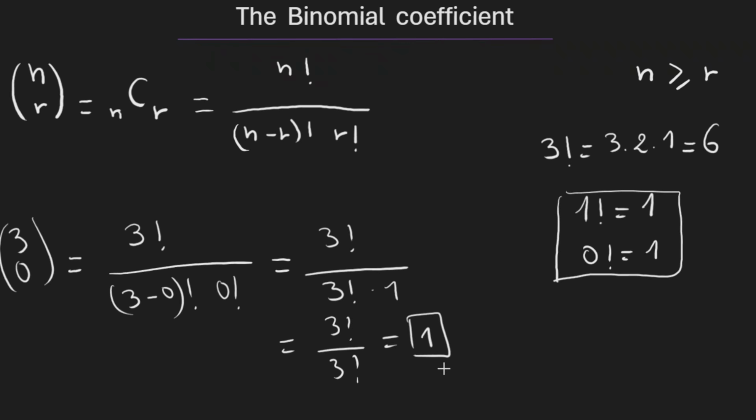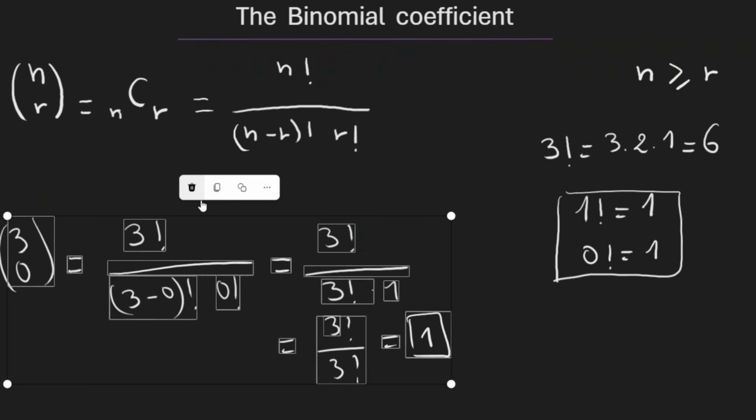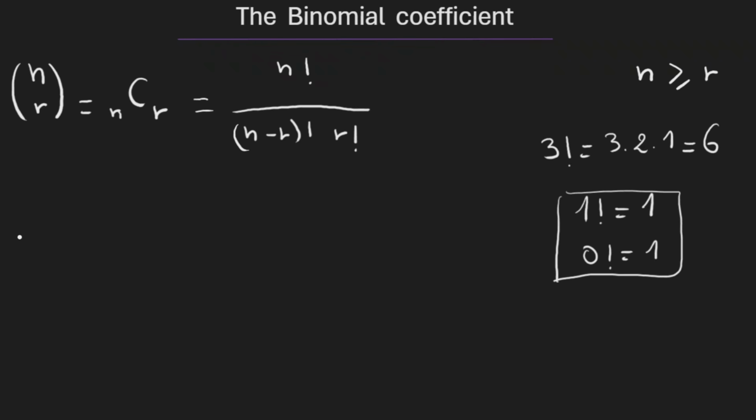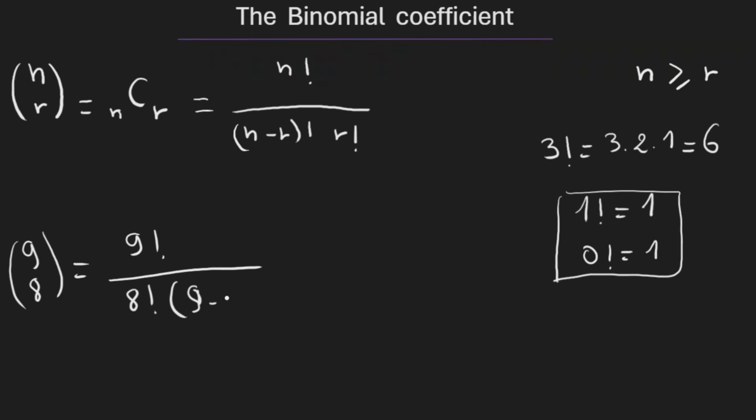So let's go for the last one. 9 over 8. So this is equal to 9 factorial over 8 factorial times 9 minus 8 factorial.